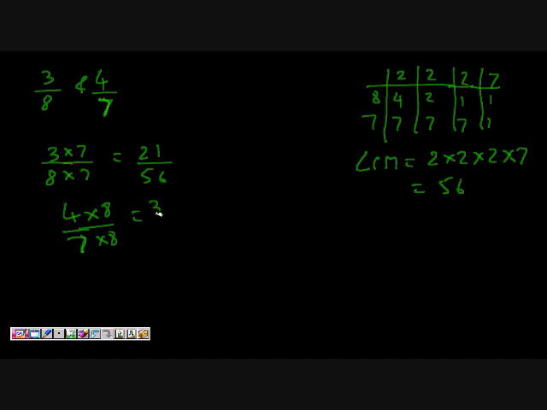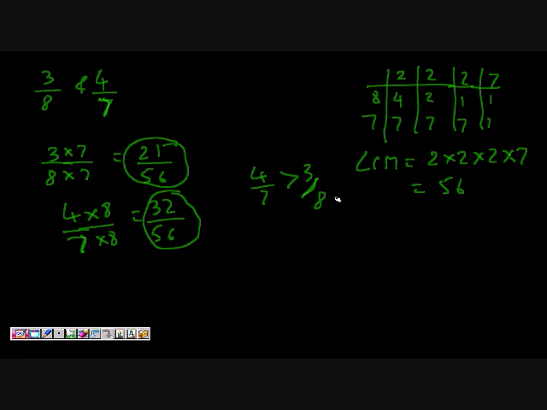In this case 32 by 56 is greater than 21 by 56, so that means that 4 by 7 is greater than 3 by 8. And that's how you solve some of these problems where you compare fractions. Thank you.